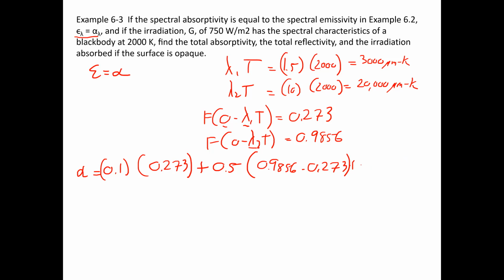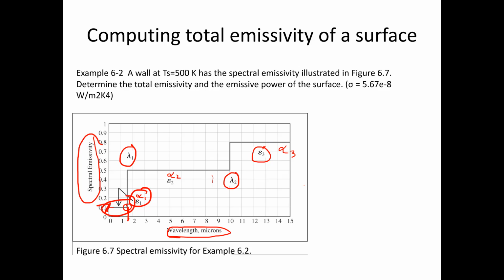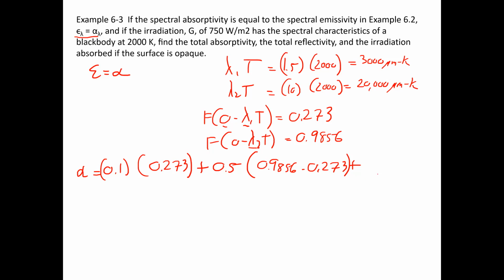And then finally, the third range, which has an absorptivity of 0.8 between 10 microns and on. So it would add 0.8 multiplied by 1 minus the fraction between 0 and lambda 2, which is 0.9856.